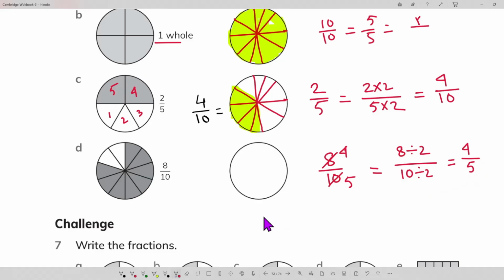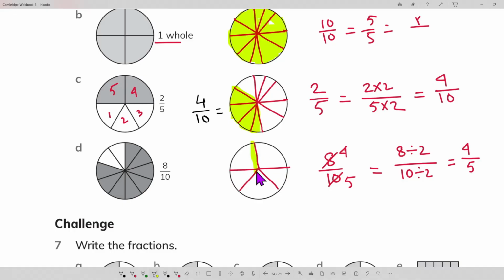So smart thing, we will make a circle, and then look, this is 1, 2 and 3 parts. Now like this way, 1, 2, 3, 4, 5 parts, and we will shade 4 parts. So how?